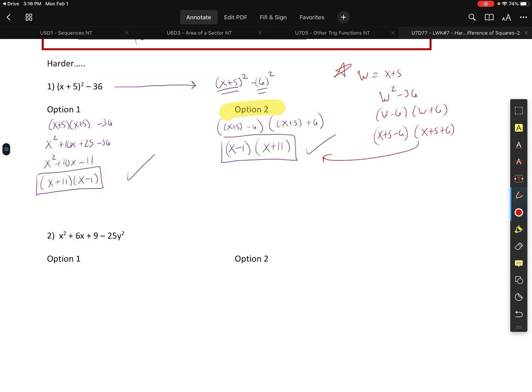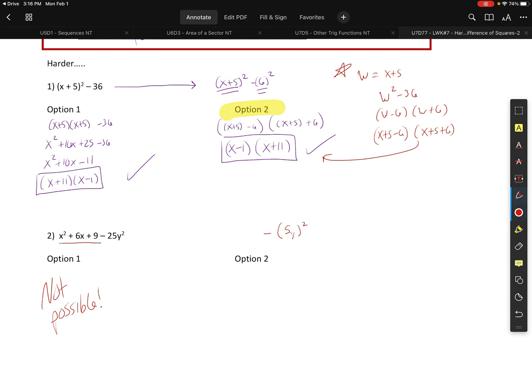So if we look at this example, option 1, can we do option 1? Not possible. So we have to go with option 2 from the previous problem. So the question is, where is my squared piece? I see here that 25y squared is 5y squared.